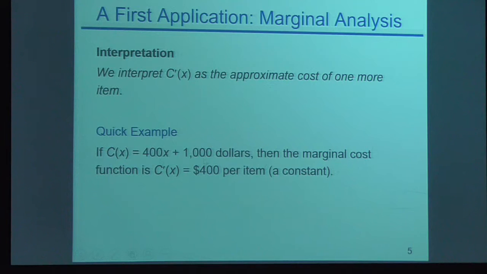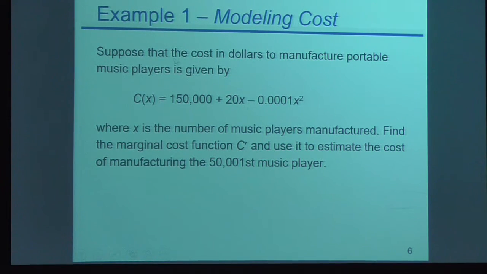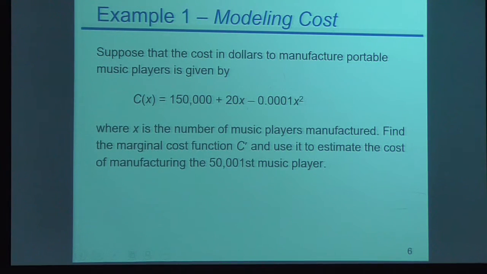What's the marginal cost? Just the derivative of that, which is what? 400. Here's another one. Suppose that the cost is given like this. This is the cost for manufacturing portable music players, where x is the number of music players. Find the marginal cost function and use it to estimate the cost.